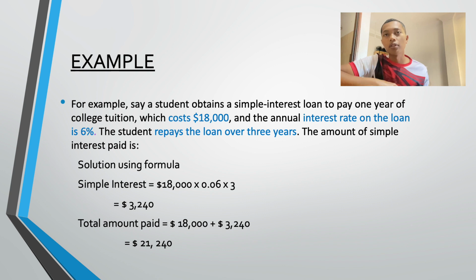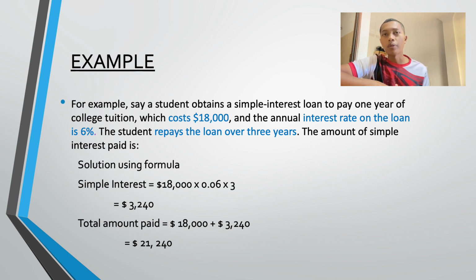Now the example. For example, say a student obtained a simple interest loan to pay 1 year of college tuition, which costs 80,000, and the annual interest on the loan is 6%. The student repays the loan over 3 years.